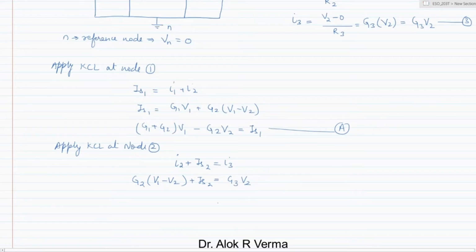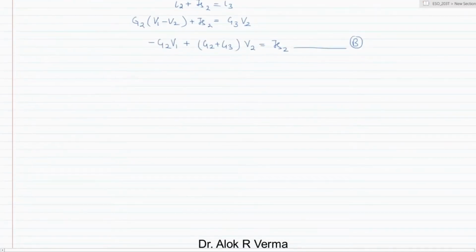Okay. So just arranging the terms, we can write it as minus G2 V1 plus (G2 plus G3) times V2 is nothing but IS2. This is equation number B.